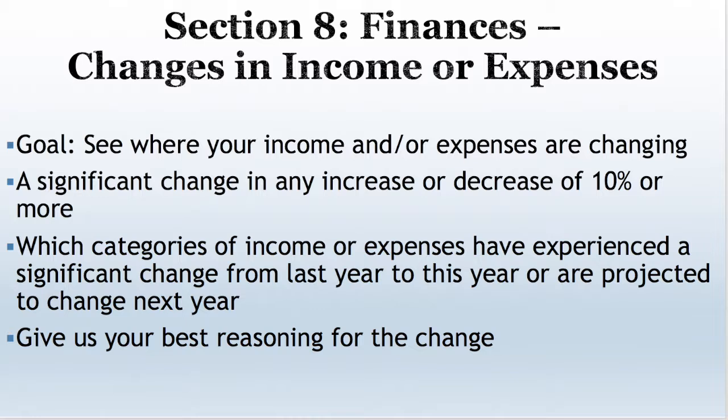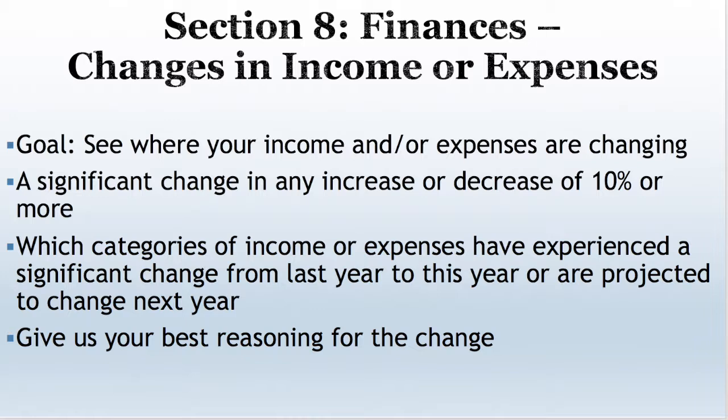Okay, changes in income or expenses. What we're looking for here are any significant changes in either income or expenses in any one category of either of those. We are defining a significant change as any increase or decrease of 10% or more in any one category, either from last fiscal year to the current fiscal year, or any significant projections you have for the next fiscal year and either the program budget or your operating budget.